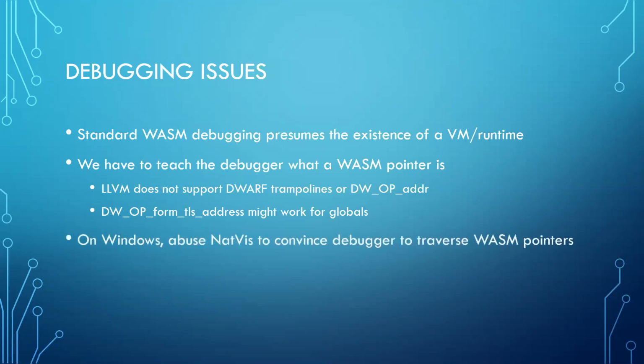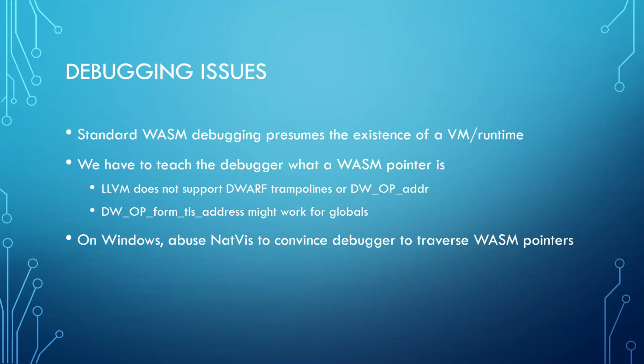So on Windows, we abuse NatViz to convince the debugger to traverse the WASM pointers. We emit a minimal PDB that does not actually contain usable debug information, but it contains enough metadata that we can use an embedded NatViz XML file, which is Visual Studio's way of extending its debugger visualizer.